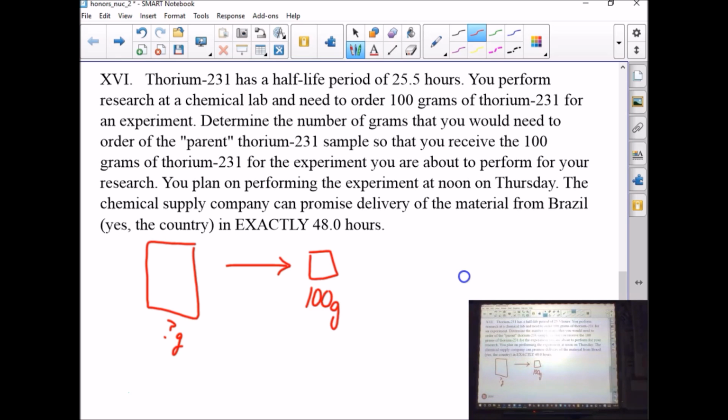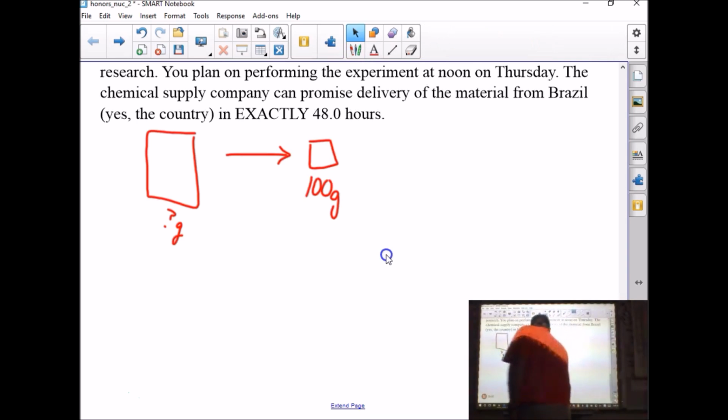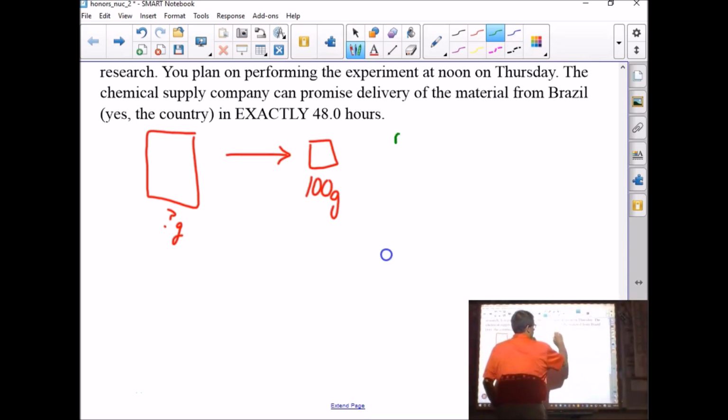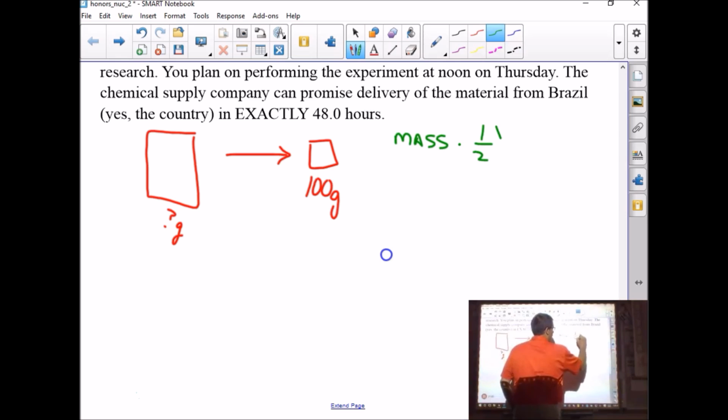Okay, so here's how we do it. We're not going to use the equation where you have mass times 0.5, or better written, 1/2 to the n. But what should we do?